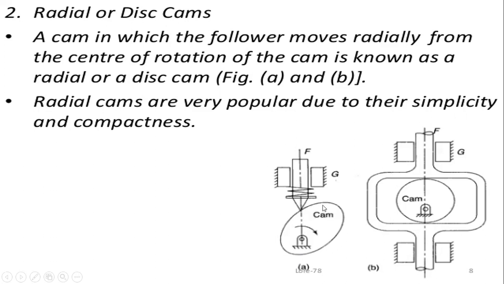Whenever it is moving in the anti-clockwise direction, it is then projected towards the left side, and measure this profile of the cam and verify the profile of the cam.